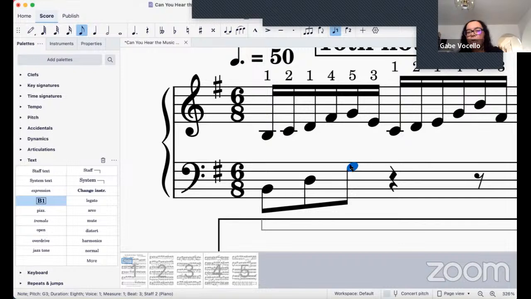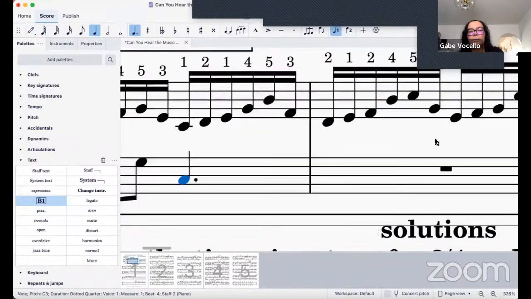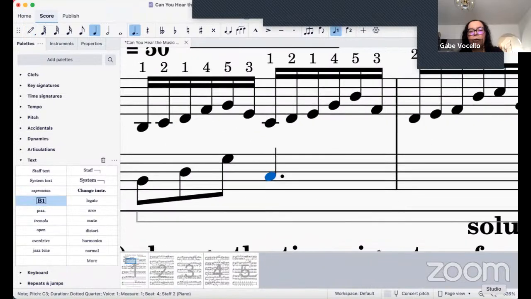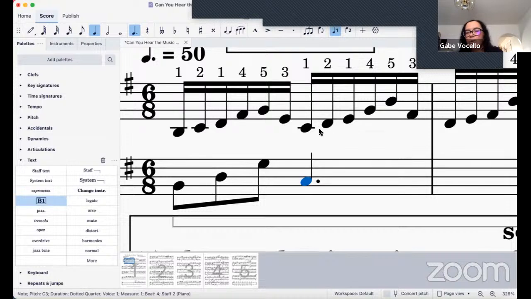And 3/8 note is equal to 1 dotted quarter note. This is a dotted quarter note. 1 dotted quarter note is equal to 3/8 note, also equal to 6/16 note.